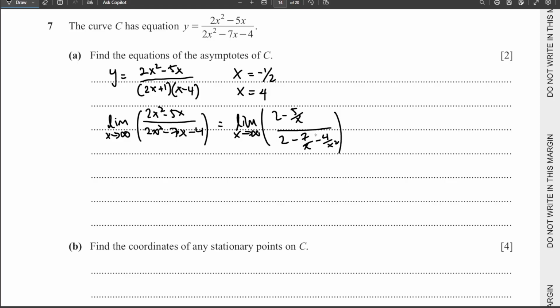So when x gets to a very large value, all of these become very small and insignificant, and we're left with just 2 over 2. So y, when x goes to infinity, is 2 over 2, that's just 1. So this is the horizontal asymptote for this curve. There are 2 vertical asymptotes and 1 horizontal asymptote.